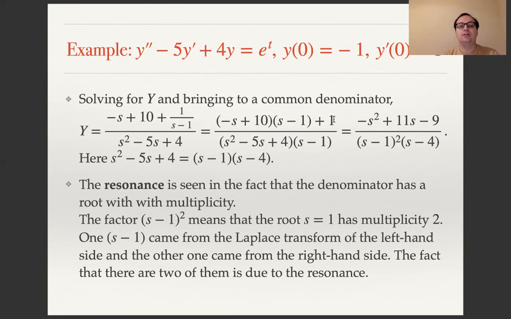In the numerator, when we carry out the computation, we get minus s squared plus 11s minus 9. And in the denominator, s squared minus 5s plus 4 factors as s minus 1 times s minus 4. Then we have another factor of s minus 1, which is already there. So we get s minus 1 squared times s minus 4.